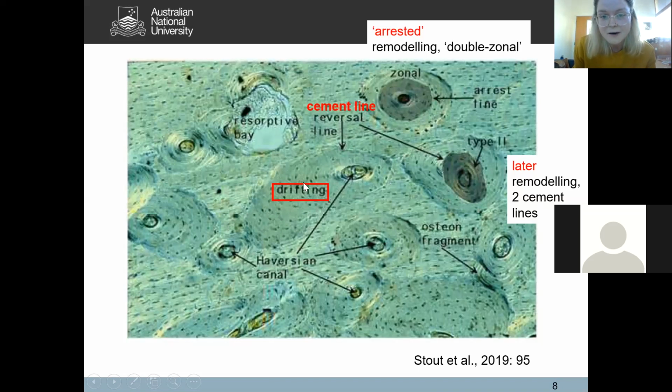So this is an example of a secondary osteon that for some reason, and we still really don't fully understand what that reason is, papers have looked into various different possibilities, biomechanics, malnutrition, possibly even genetic predisposition, but we still don't fully understand what causes the drifting osteons, I should say.